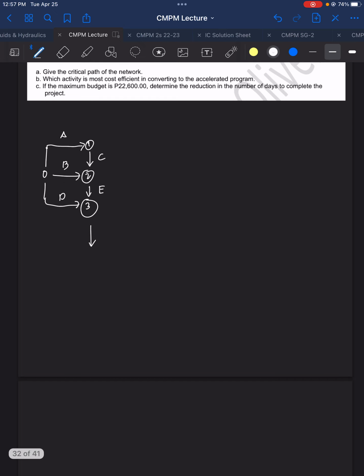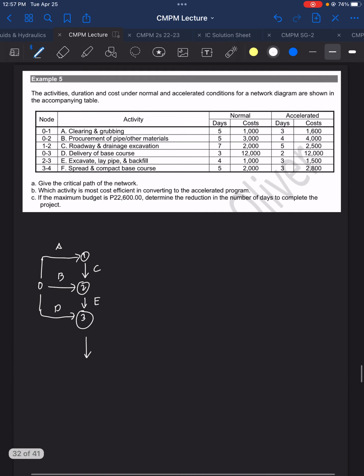Okay, let's see. Since this is a shorter project, let's put here the normal days. The duration for A is 3, B is 4, and then C is 7.